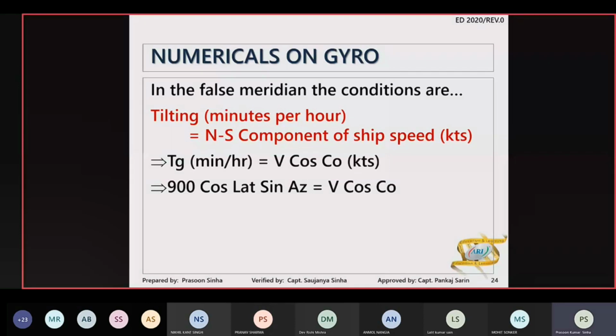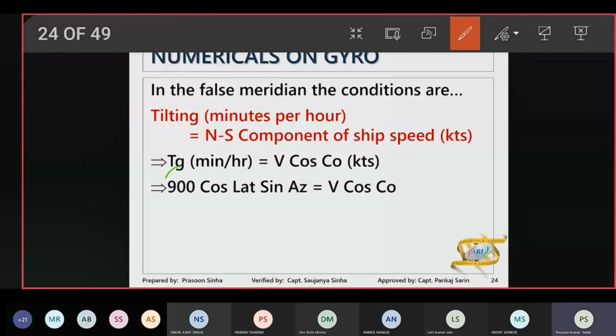That tilting because of the motion of the ship can now be equated with the tilting that we had already seen, which is 900 cos lat sin azimuth. We had 15 degrees, and we converted 15 degrees into minutes: 15 into 60 is 900.